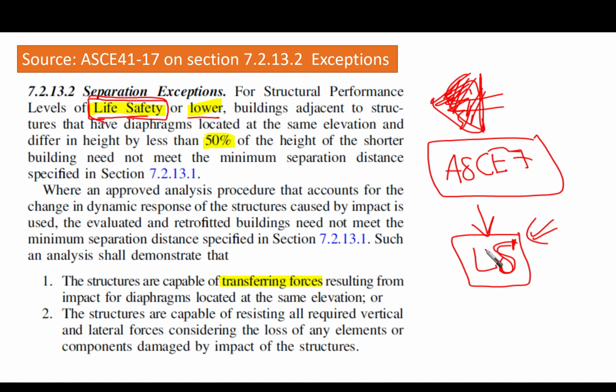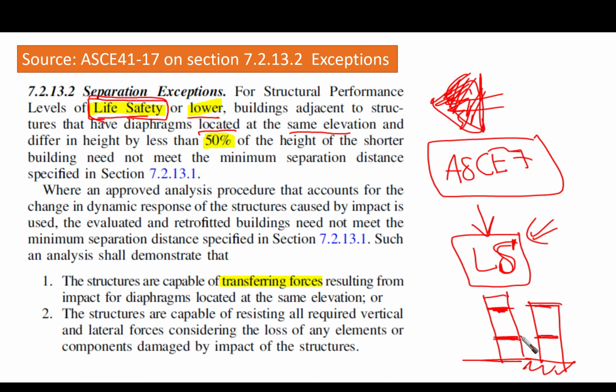Okay, so here he is stipulating that for existing buildings, for structural performance levels of life safety or lower, buildings adjacent to structures that have diaphragms located at the same elevation, look at this, located at the same elevation. So this means that the structure is going to have levels. This is the level, and we have another building that is having the same level of diaphragm, the same level. That's an important issue.